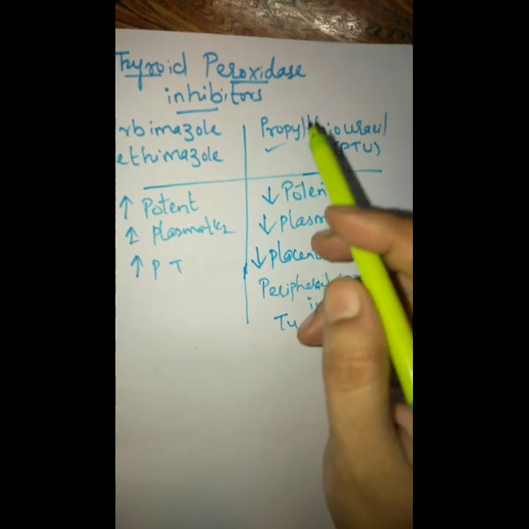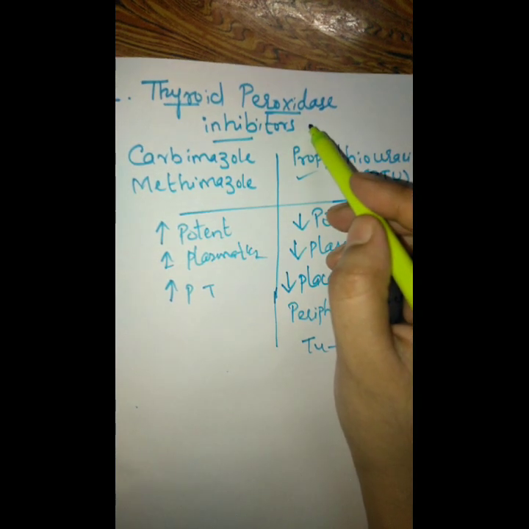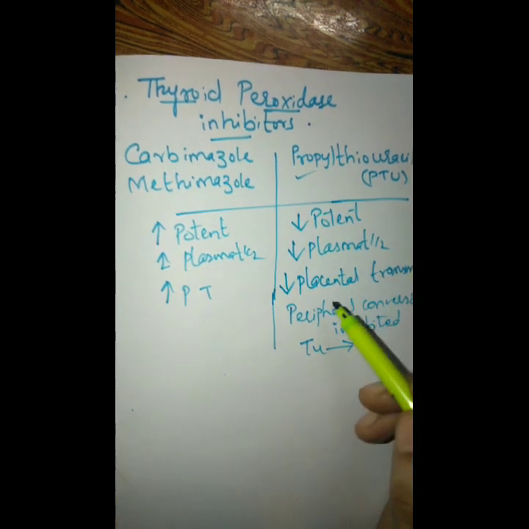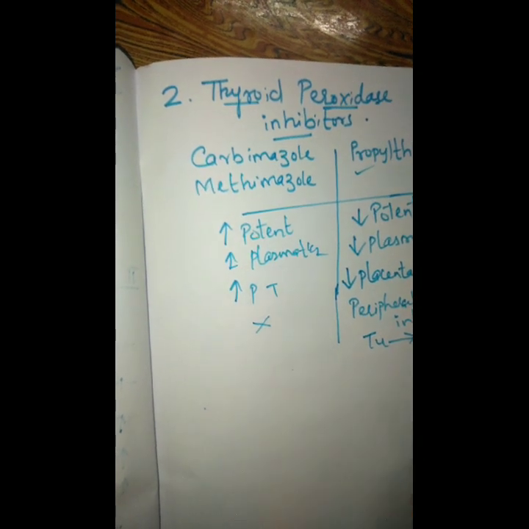So propylthiouracil has two mechanisms of action against hyperthyroidism. One is by inhibiting the enzyme thyroid peroxidase, and the second is by inhibiting the peripheral conversion, whereas carbimazole and methimazole do not have any role in the inhibition of peripheral conversion. So this is regarding the agents that inhibit the thyroid peroxidase enzyme.